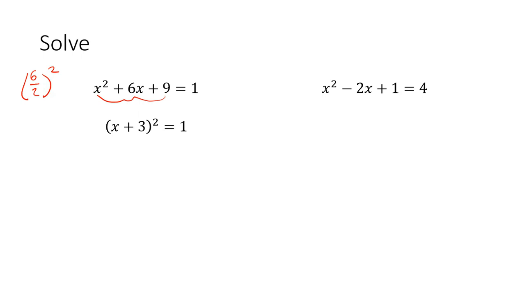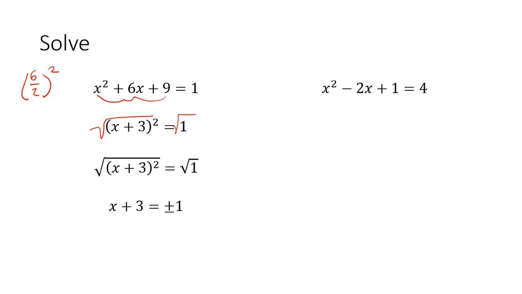Now, once we get it down here, we have to solve for x. Well, what do we do to solve for x? We have to get rid of that squared first, which means we're going to take the square root of both sides. And when we take the square root of both sides, that squared disappears, leaving us with x plus 3 is equal to plus or minus 1. So remember, when you take the square root of a number, you have to do plus and minus. You're going to have 2.